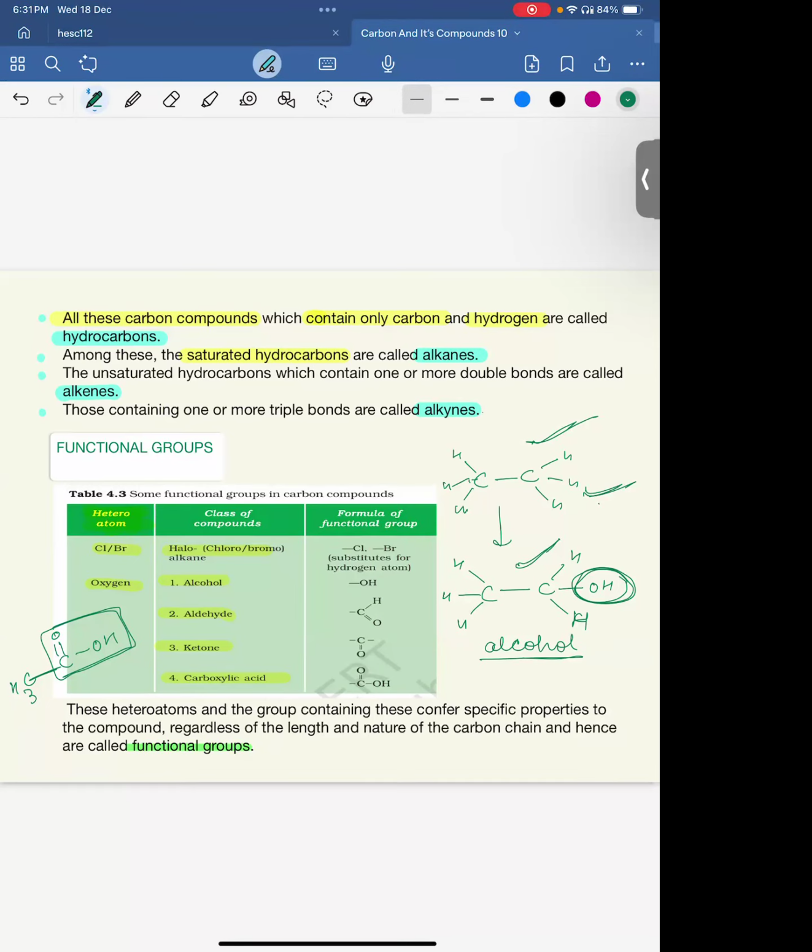Especially the carboxylic acid. So all of these functional groups, whether it's halogen, that is fluorine, chlorine, bromine, iodine, these are all halogens. And with oxygen, what classes of functional groups can we form?